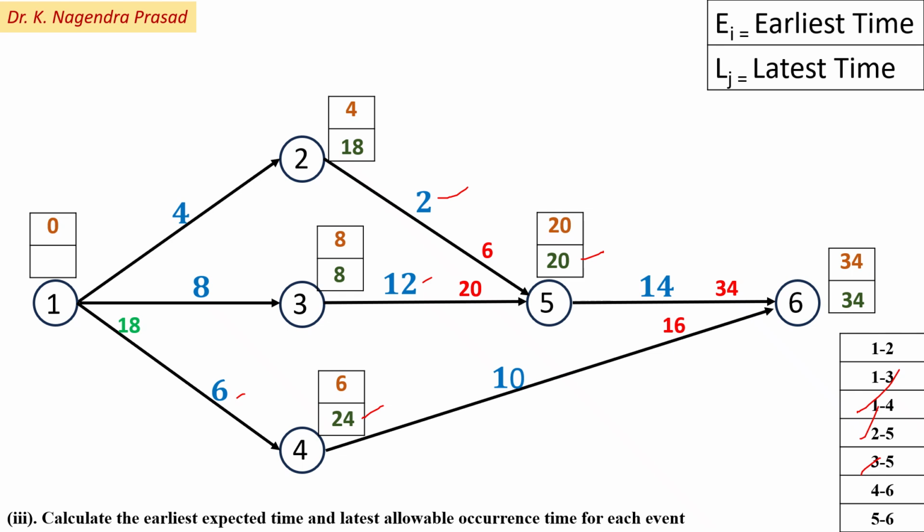Next, activity 1 to 3: the finish time is 8 at event 3 and the start time will become 8 minus 8, which is equal to 0. Next, for activity 1 to 2, 18 is the finish time at event 2. Then the start time will become 18 minus 4, which is equal to 14. So the latest start time at event 1 is the minimum of 0, 14 and 18. Among these three, the minimum value is 0.